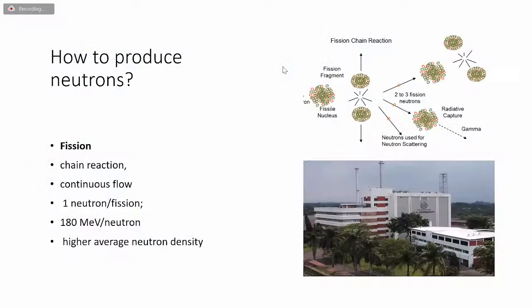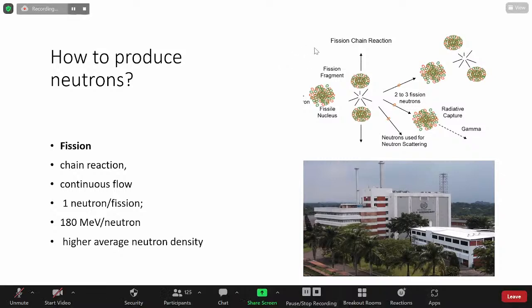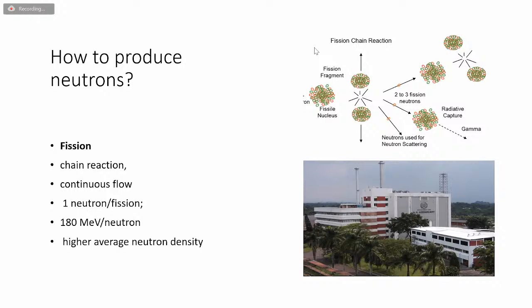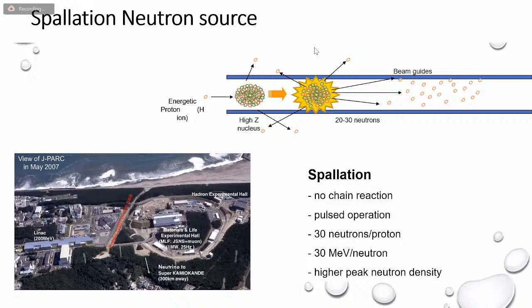So what makes the difference between the neutron and the X-ray? The neutron can be produced either from reactor sources. The neutron will be the same, only the way it is produced is by the fission reaction from the reactor. We have the Siwa Besi reactor here in Indonesia, or from the spallation neutron source.